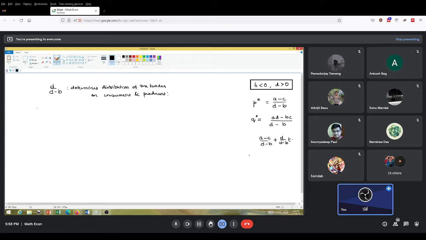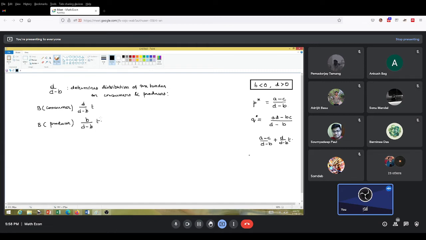What is the burden on the consumer? The burden on the consumer is this, the increase that they have to pay. What is the burden on the producer? Their price goes down by B by D minus B times T.